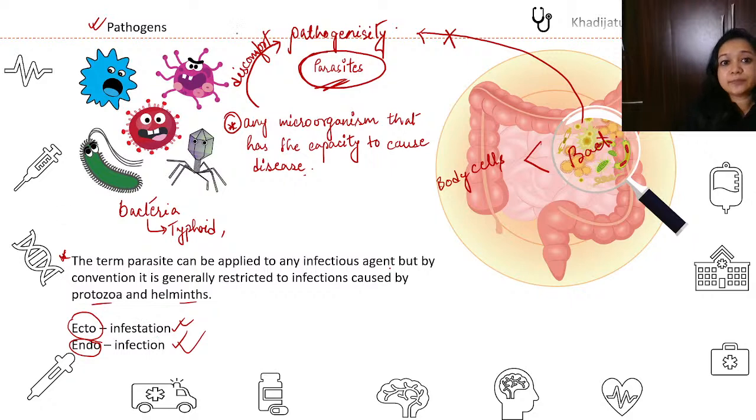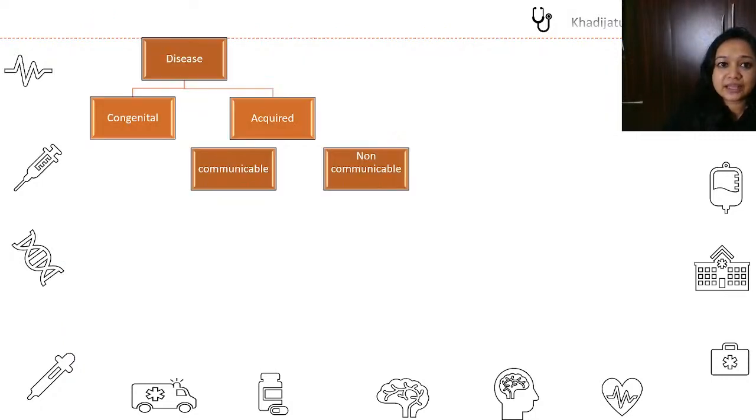So I hope these basic terminologies are clear and we can move ahead to the first disease of this human health and diseases chapter. Oh no, we have to talk about the different types of disease first. Okay, let's do that. We have already discussed it a little bit. Diseases can be divided into two.